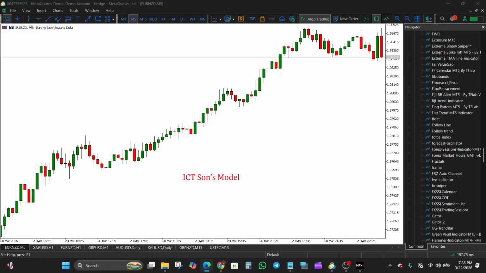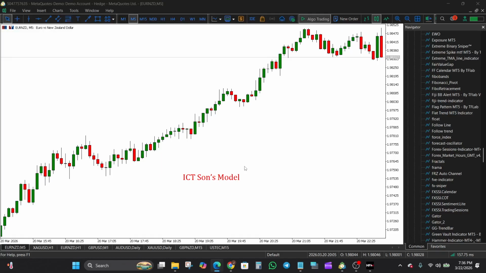So the ICT SONS model is a trading concept built around understanding how price moves in a very structured way during a single trading session. The idea is that the market often follows a predictable sequence.